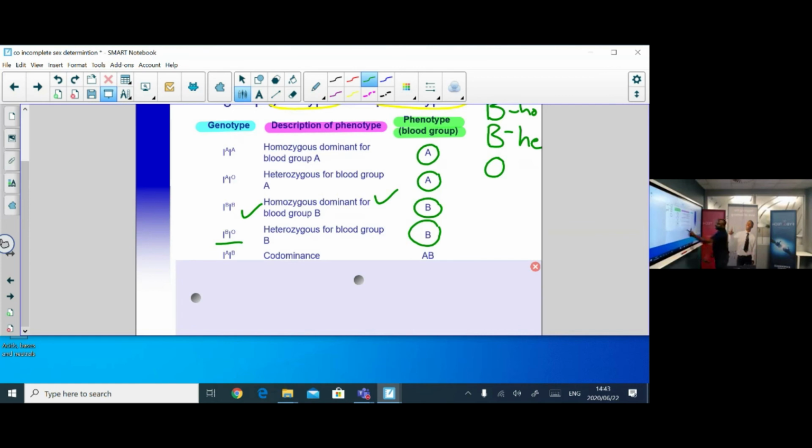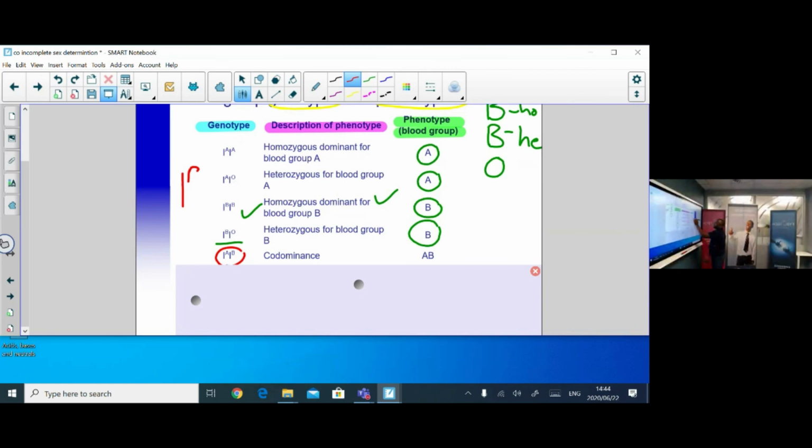Here is the interesting scenario. If it's in a codominance condition, remember we said at the beginning, A and B are codominant. Neither A nor B is dominant. So when we are writing the genotype, we should write them as I^A I^B. It doesn't mean if I start with A, then B is dominant. But to be consistent, maybe alphabetically, you can write like this.